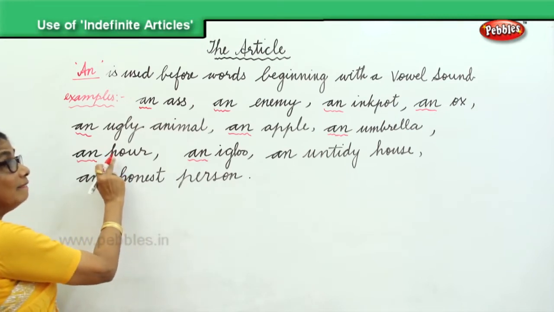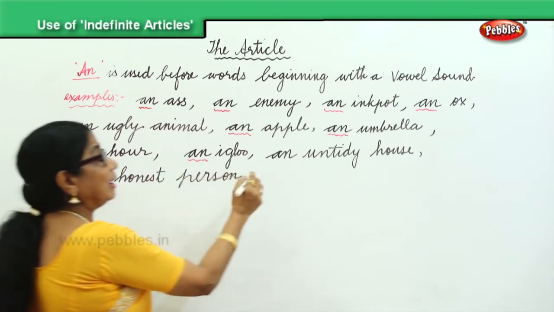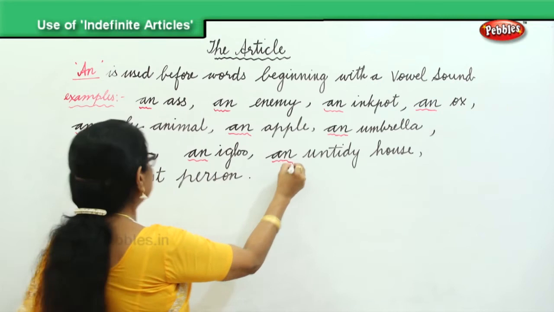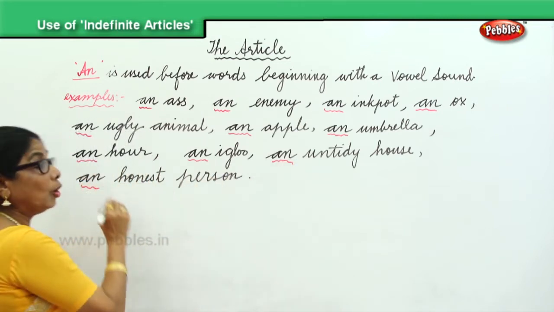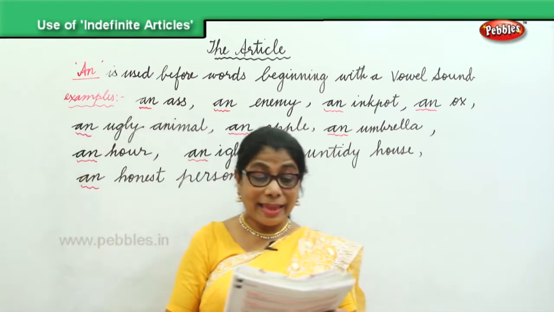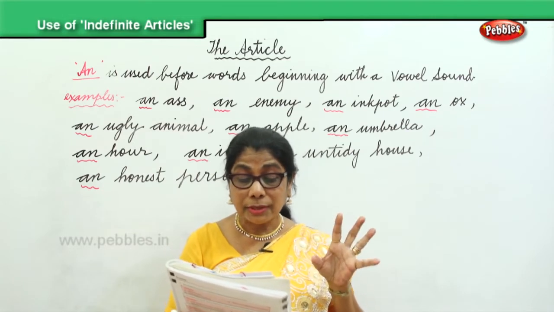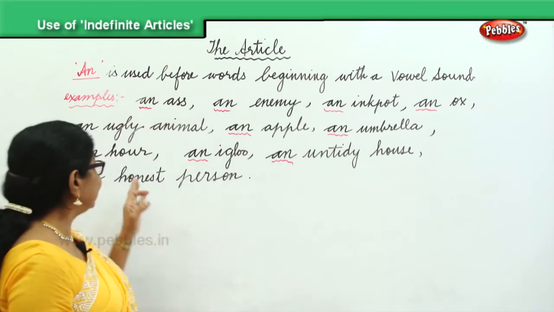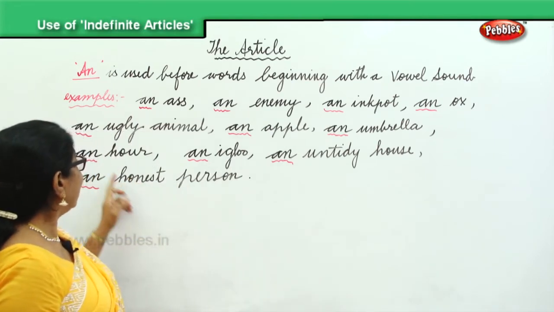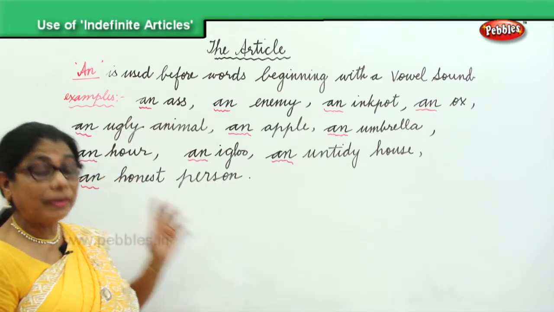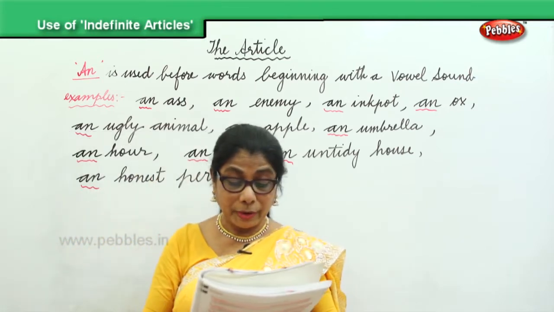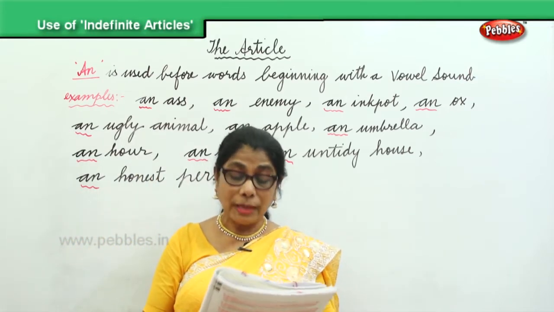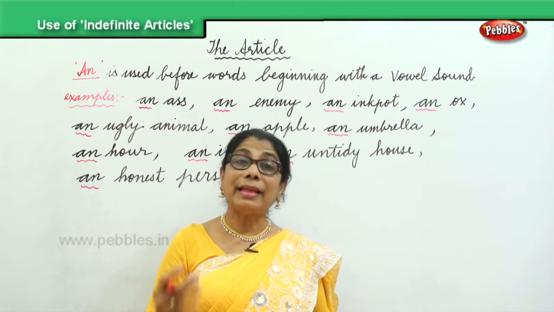It has got a vowel sound. An untidy house, and an honest person. So where is an used? It is used before the beginning of a vowel sound. In this case here, an hour, an honest, the vowel sound is there. So when there is a vowel sound, then we use an.